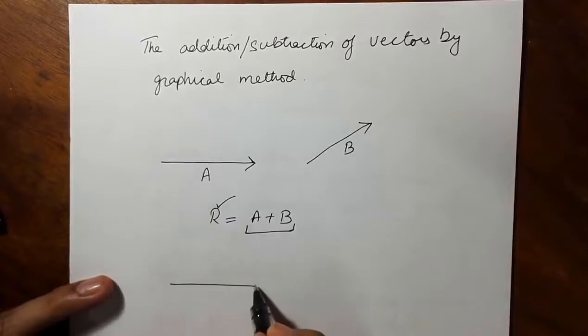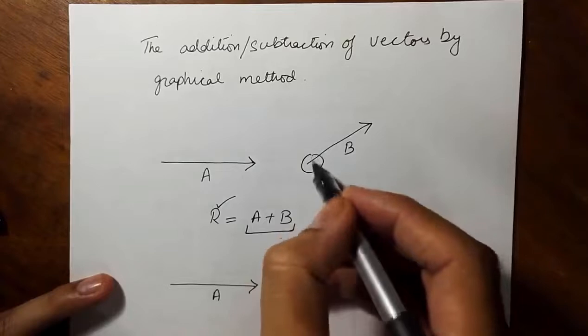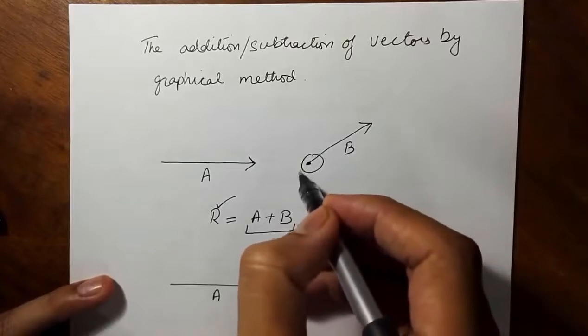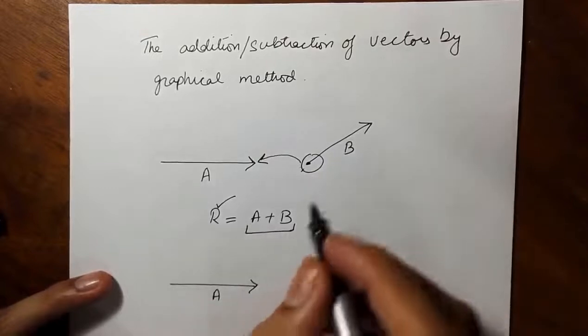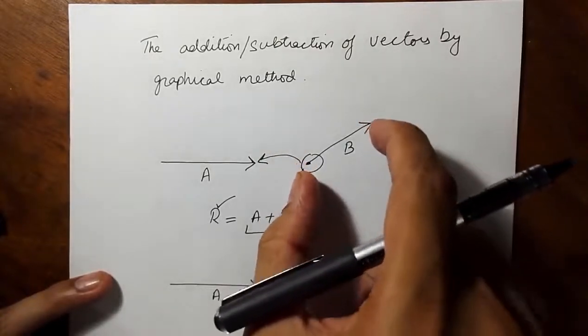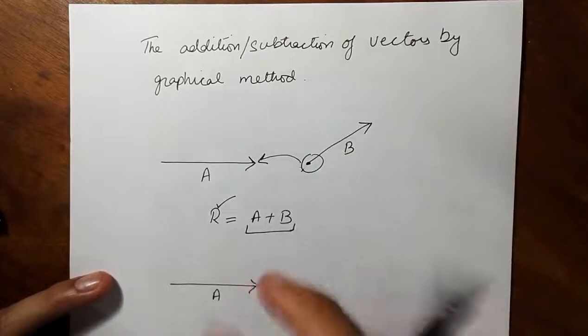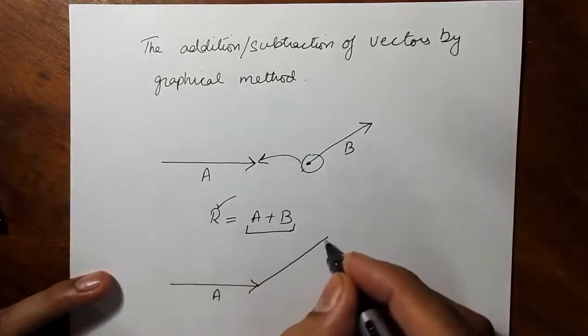Just draw vector A over here, and the tail of vector B will be joined with the head of vector A. So we will just pick this vector and put it here like this.